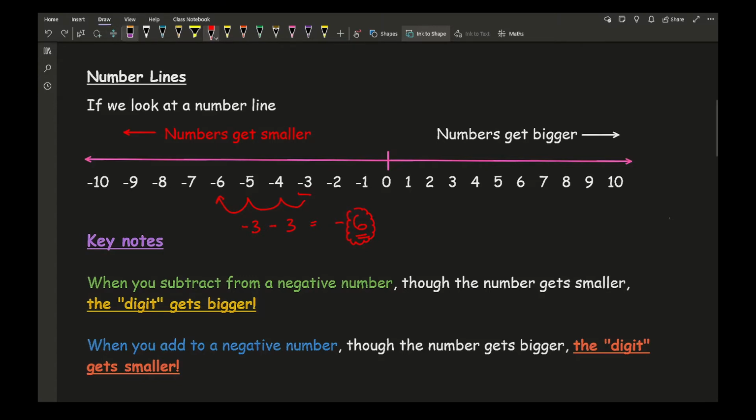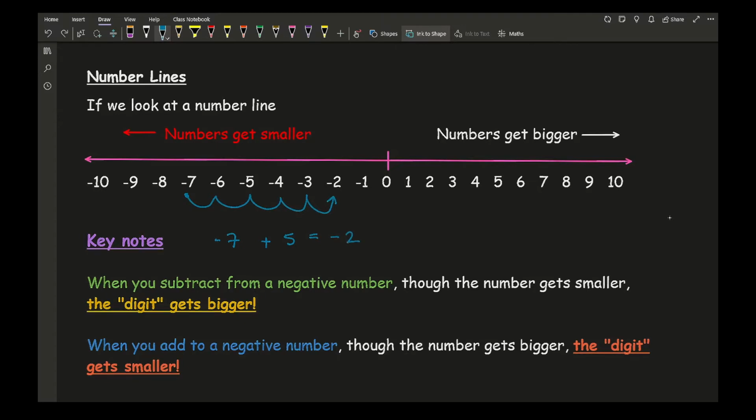Likewise, when it comes to adding to a negative number. For example, if I wanted -7 plus 5, I'm starting at -7 and adding, so I go to the right 5 places: 1, 2, 3, 4, 5, and that gives me an answer of -2.